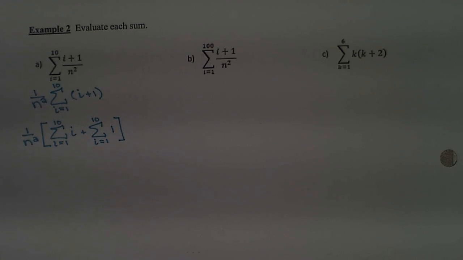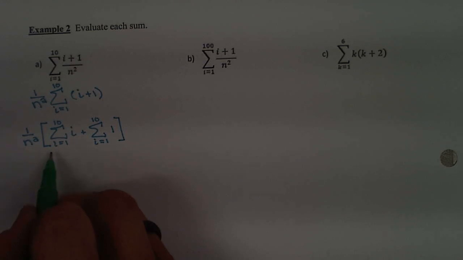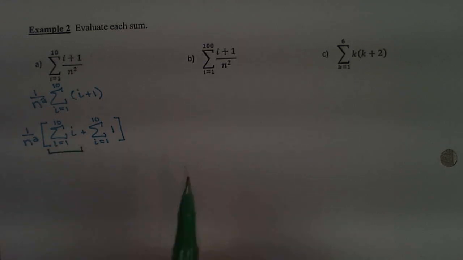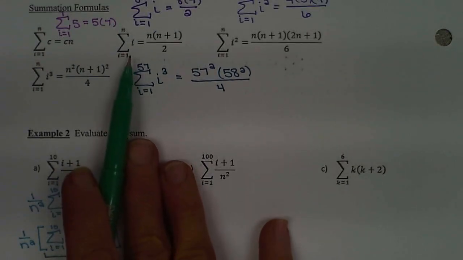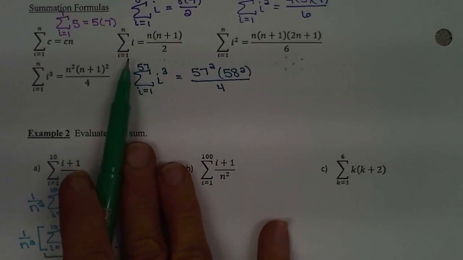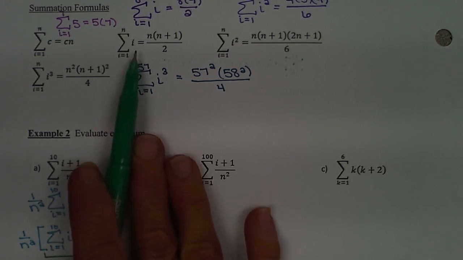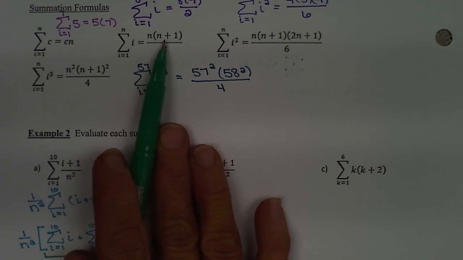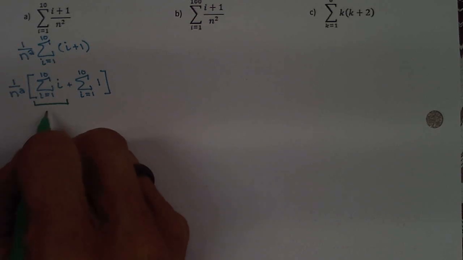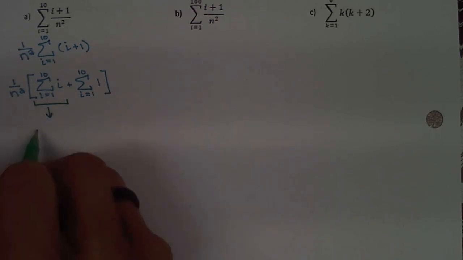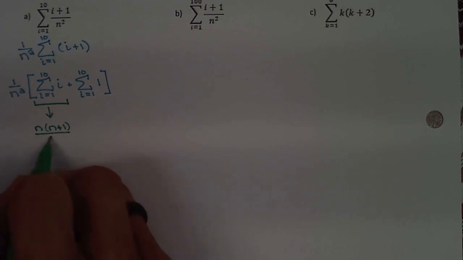And now each one of these, this one here is going to end up following the rule that we had up here for the summation of i equals 1 to n of i. So this one uses the formula n times n plus 1 over 2. So this one is going to be n times n plus 1 all over 2.